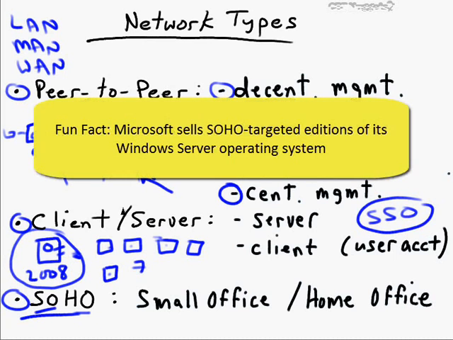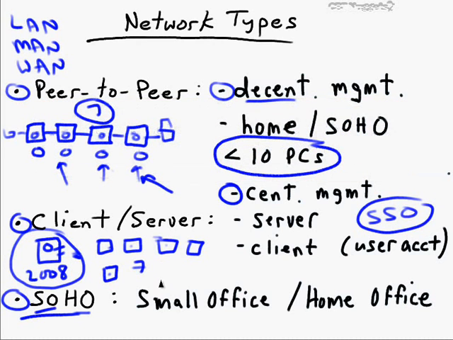The reason why I said that SOHO environments are kind of on the border between peer-to-peer and client-server is that sometimes you as a systems administrator need to weigh the pros and cons of ease of administration that's going to tend you over to the client-server and is also going to involve an extra expense, isn't it? Because you'll need at least one dedicated server machine with server license, and then you'll have to pay client access licenses for each host, at least if you're using a closed-source proprietary system like Microsoft operating systems.